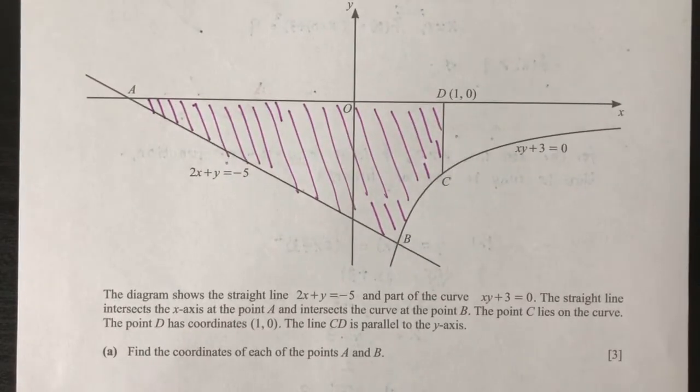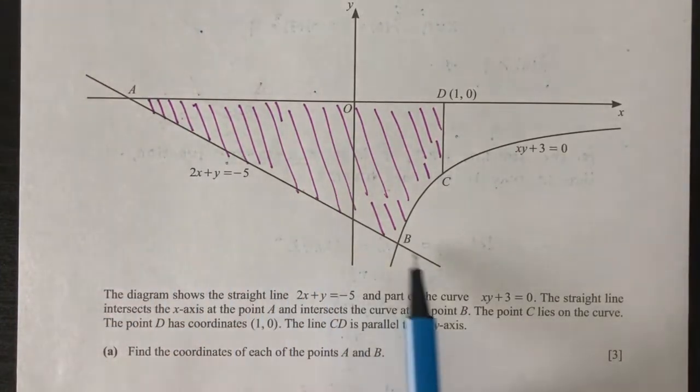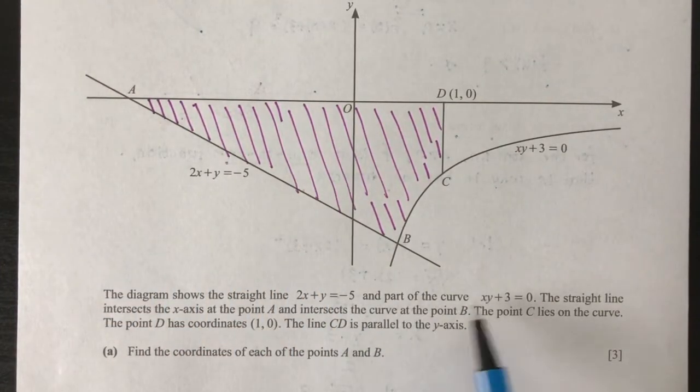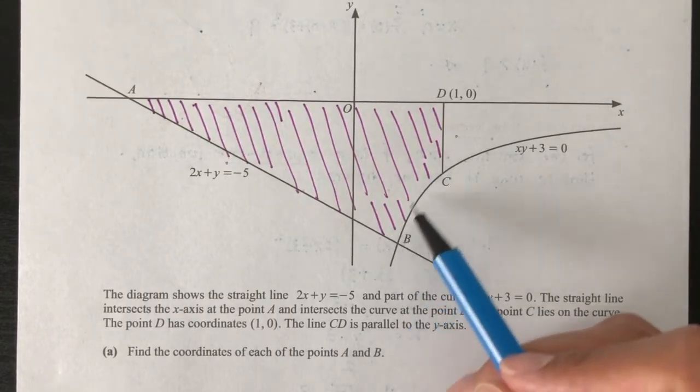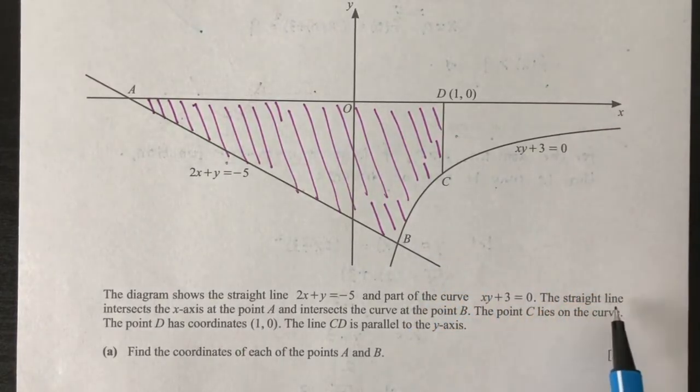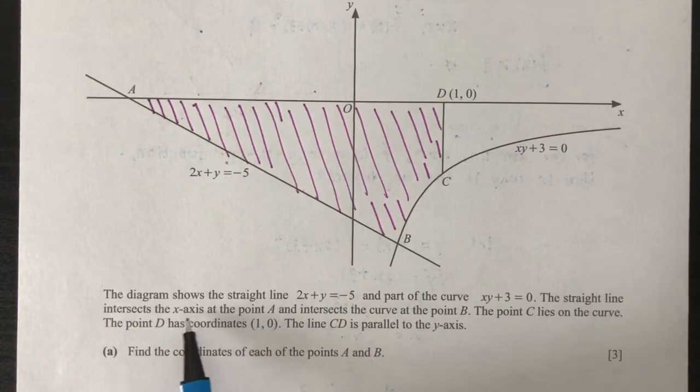So here we have the diagram shows a straight line 2x plus y equal to minus 5. So that is the straight line. And part of a curve xy plus 3 equal to 0. This is part of the curve. The straight line intersects the x-axis at point A and intersects the curve at point B. The point C lies on the curve and the point D has coordinates 1, 0.